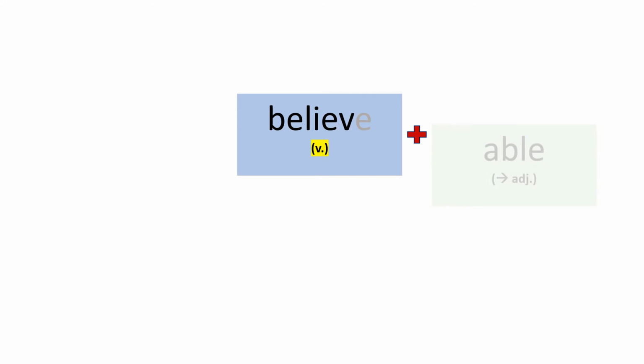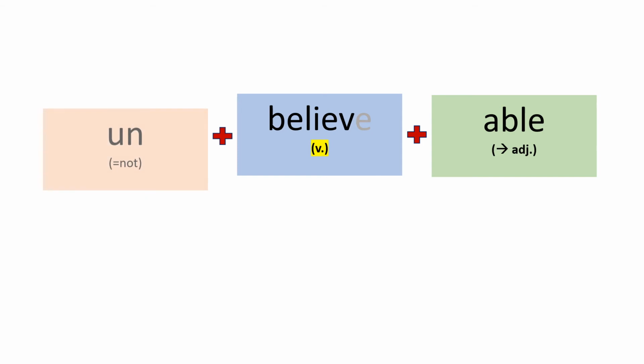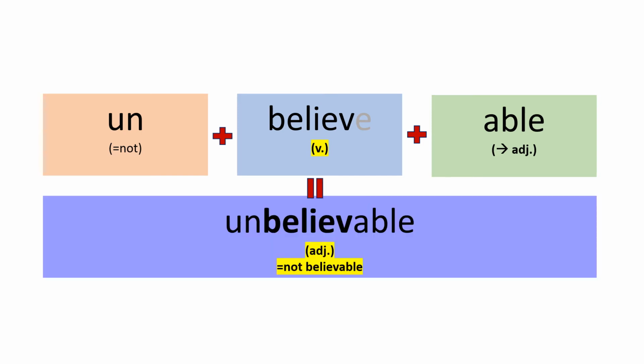And when we add the suffix able to the root word believe, it's changed from a verb to an adjective. After we add the prefix un to believable, the meaning is changed to the opposite, unbelievable. That means not believable.